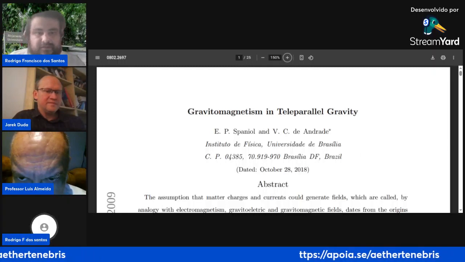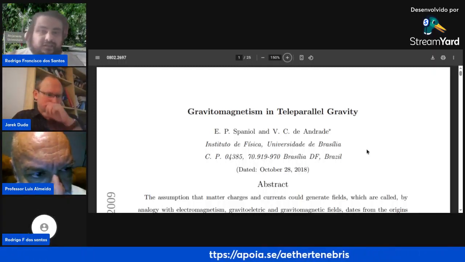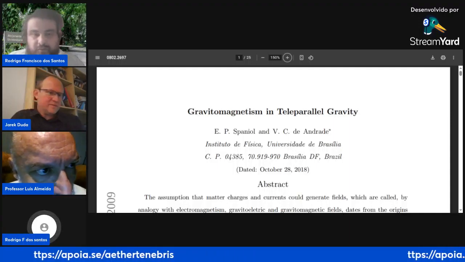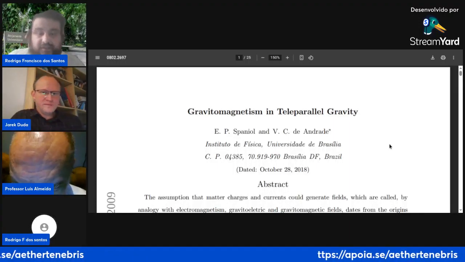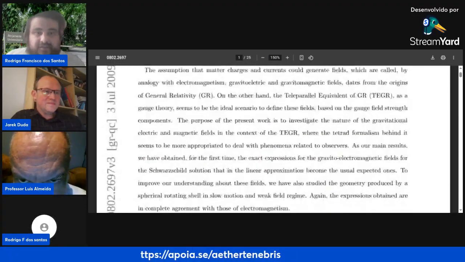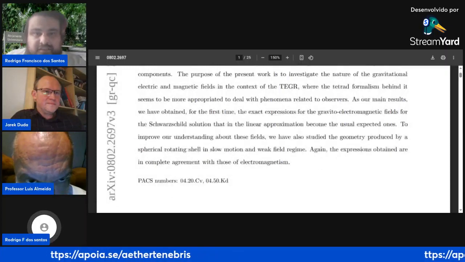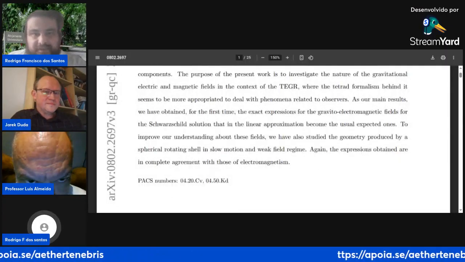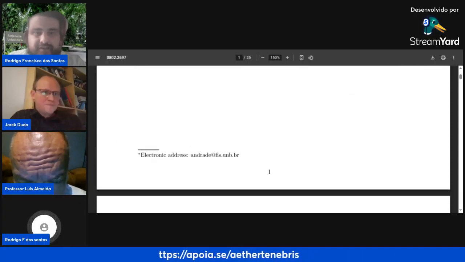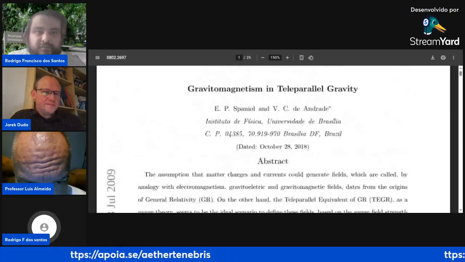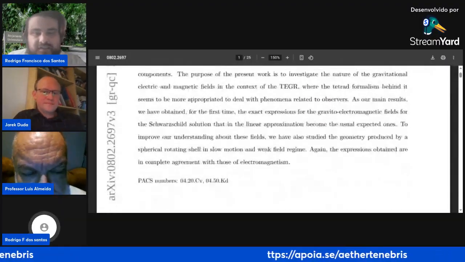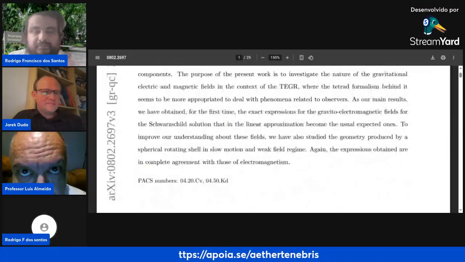This is Gravitomagnetism in teleparallel gravity. This work is from 2008, from Brazilian DF. This is the formal treatment in teleparallelism of gravitomagnetism. For me, this work is very important.